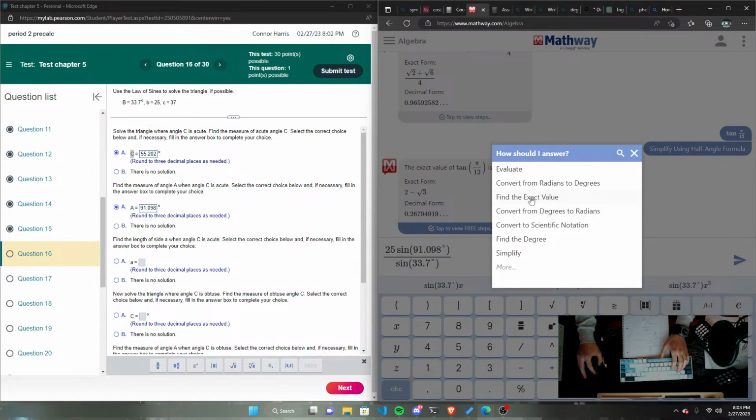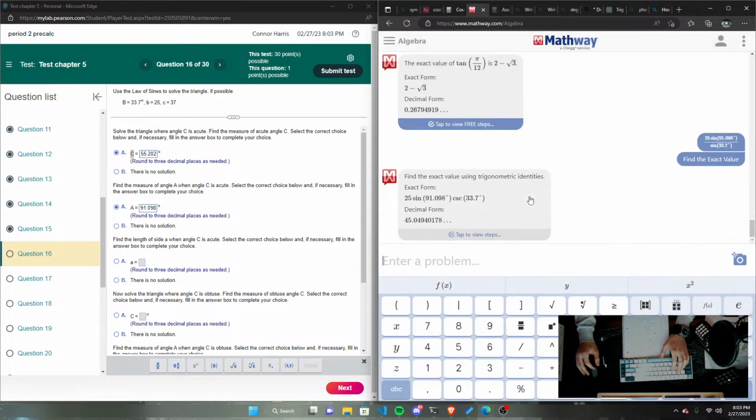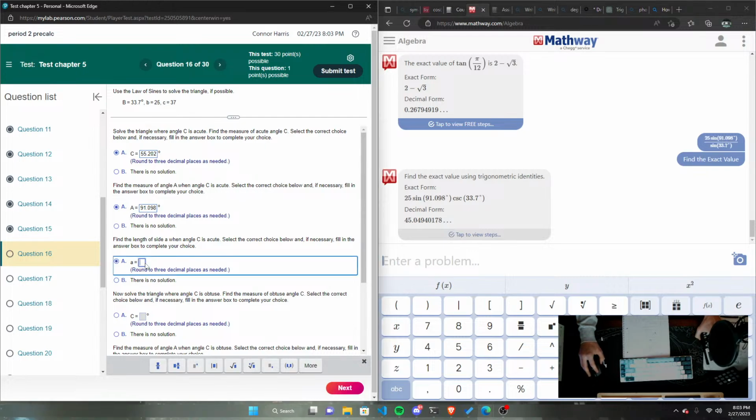And then let's find the exact value. Yeah, 45. That's right. Okay, cool. Just needed to make sure about that. Wasn't sure if I did conversions correctly. So A is equal to 45.049. Right? Yeah. Cool.